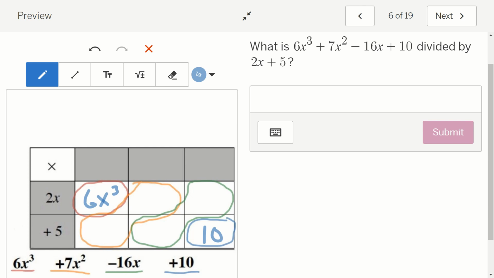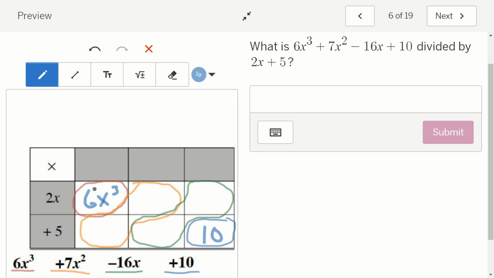Now, here's where it gets a little bit more interesting. These two orange pieces need to add up to 7x squared. So whatever's in here and here. We need to fill in the puzzle to see what we can get.